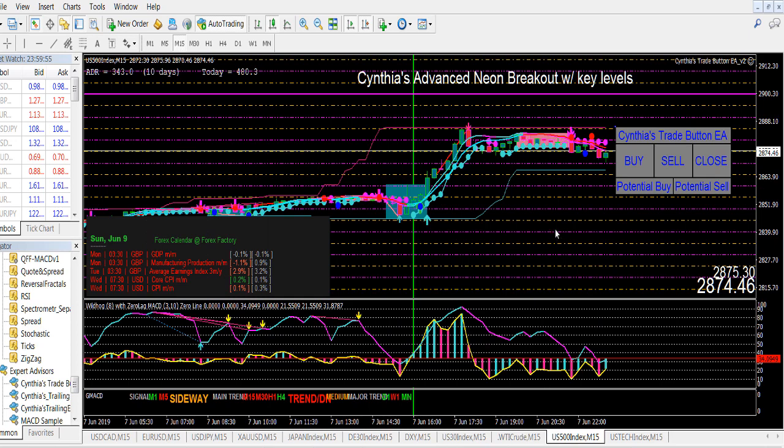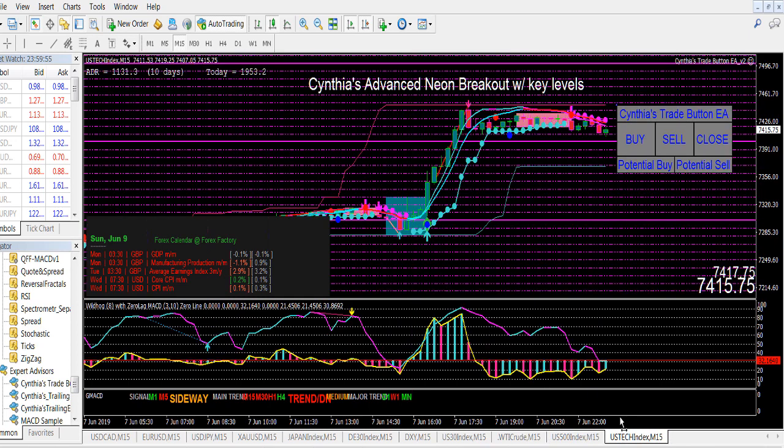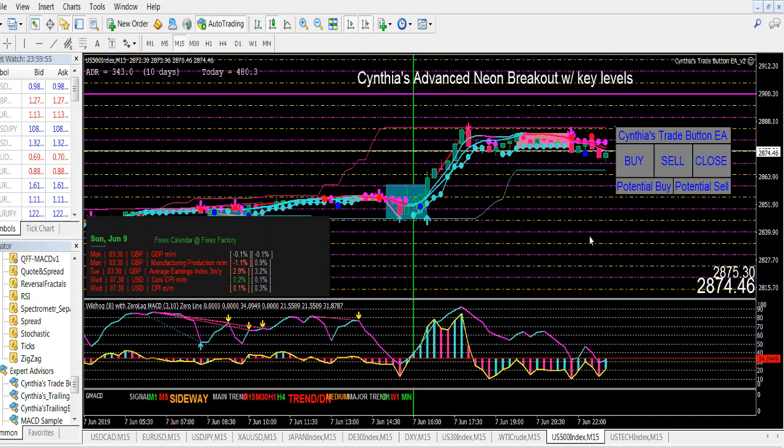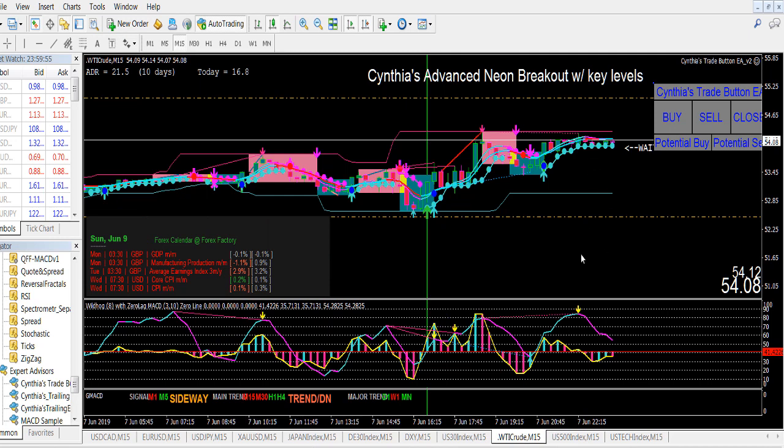Here's the US 500, which is the S&P 500 CFD, and this is the US Tech, which is the NASDAQ CFD, trading with my advanced neon breakout with key levels. This one also has different key levels, and this has different key levels.